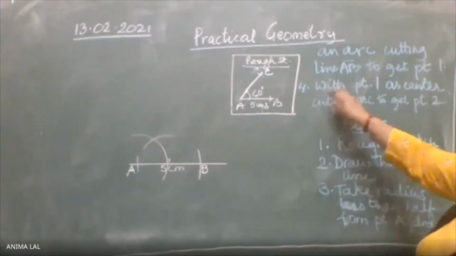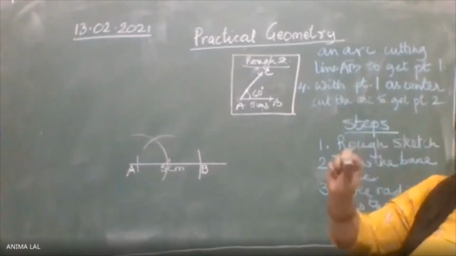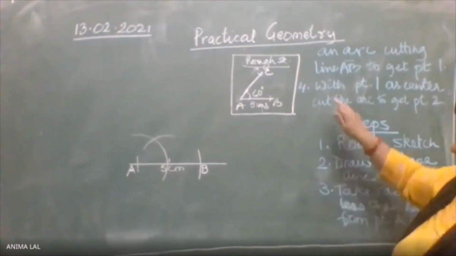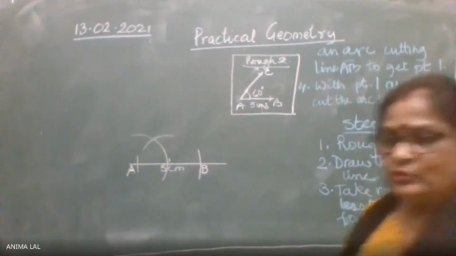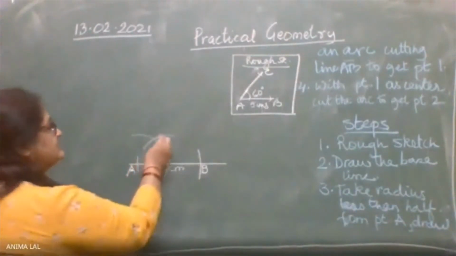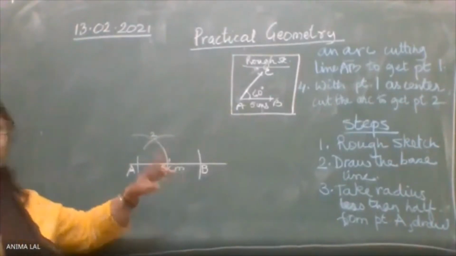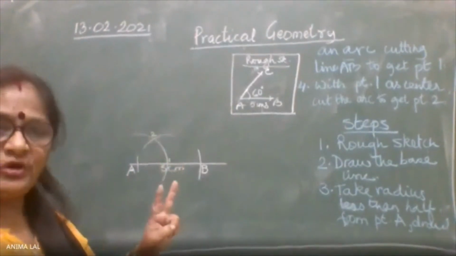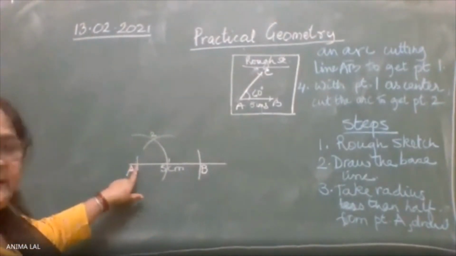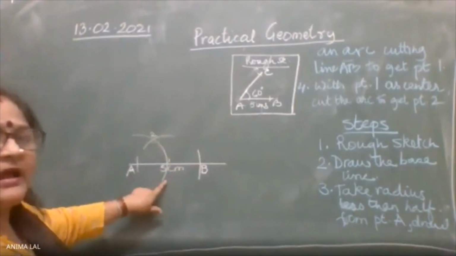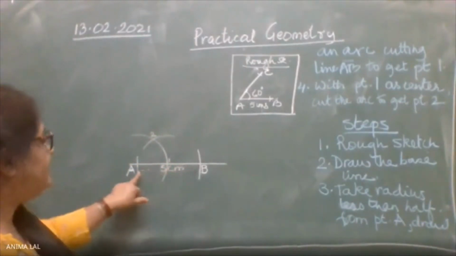With point 1 as center means you are putting the compass point at point 1. With point 1 as center, cut the arc to get point 2. This is point 2. So in total, we drew 2 arcs. First arc was from center A. With A as center, we drew a big arc cutting the line AB at point 1.